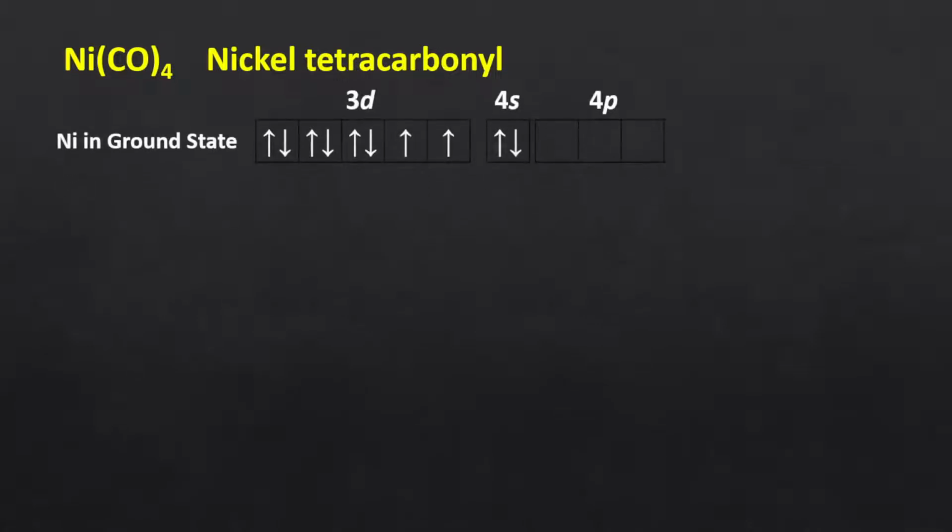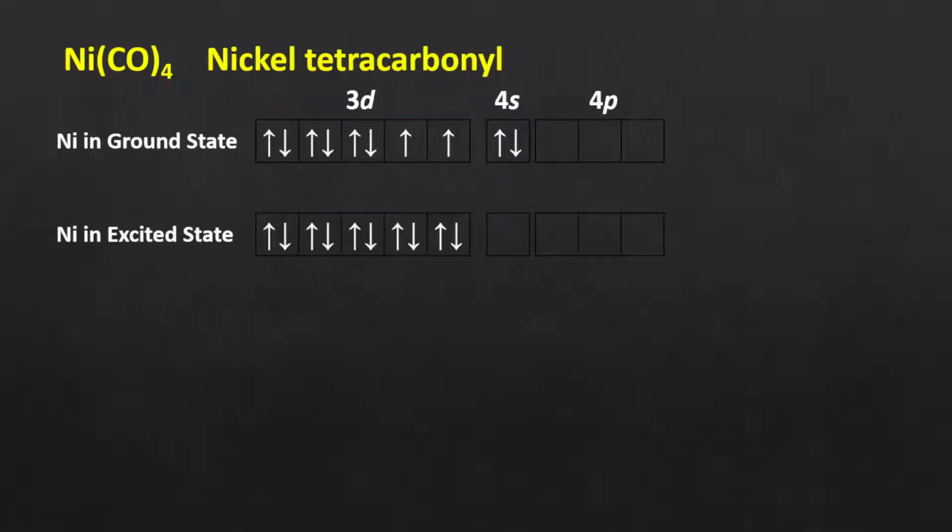Okay, consider the first example of tetracarbonyl nickel. The atomic number of nickel is 28, so its valence electronic configuration in the ground state is 3d8 4s2 4p0. Now, since the carbonyl ligand is neutral, the valence electronic configuration of nickel in the excited state is 3d10 4s0 4p0.